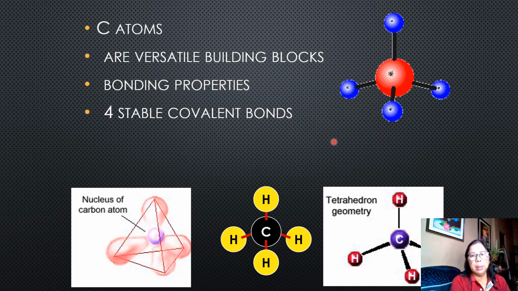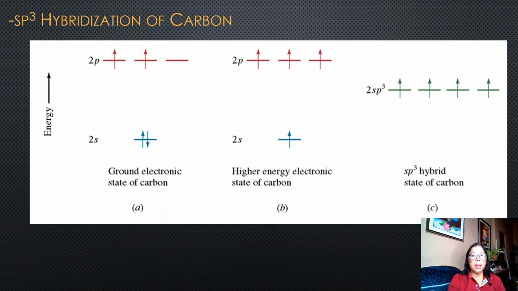Your first experiment will actually be dealing with forming these kinds of structures as models. So you will be doing your own models to show the structure of carbon bonded with many elements. This is the sp3 hybridization of carbon.